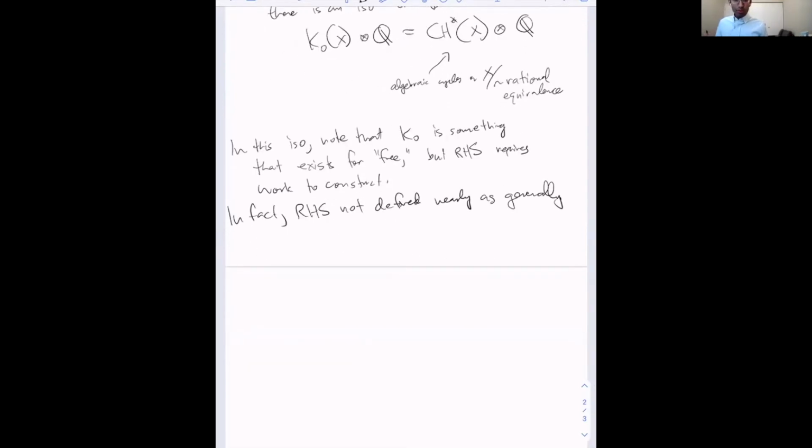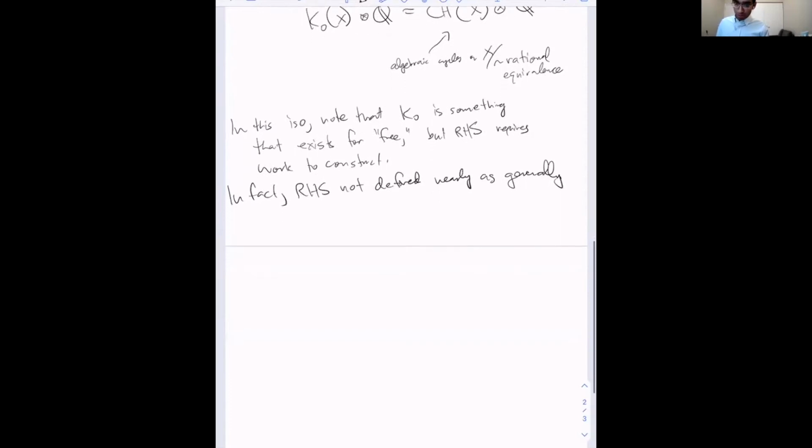Okay, and so in fact, this point of view has been useful. K0 has been used to solve various intersection theoretic problems, for example, in cases where you don't actually have a Chow ring.